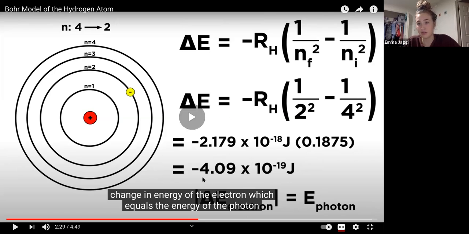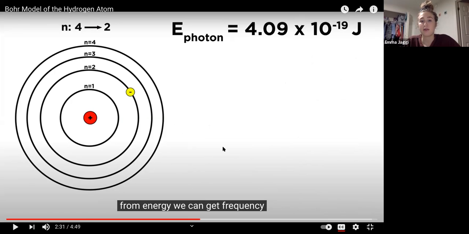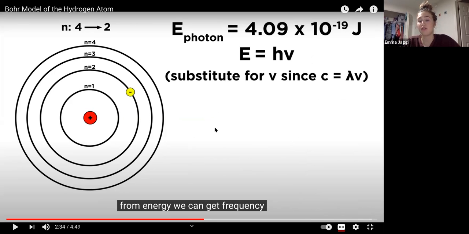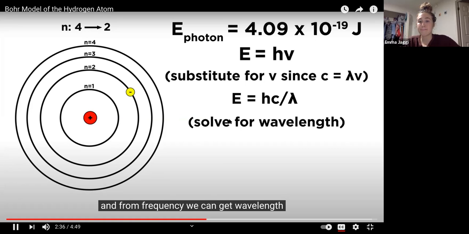And then he continued. From energy, we can get frequency. So this is the energy of the photon that we just solved for. And now he's solving for frequency because we want to finally end up at wavelength, but we've got to do a little bit of rearranging with our equations. And from frequency, we can get wavelength. All right. So right here, he was substituting for v, since c equals the wavelength times v, velocity.